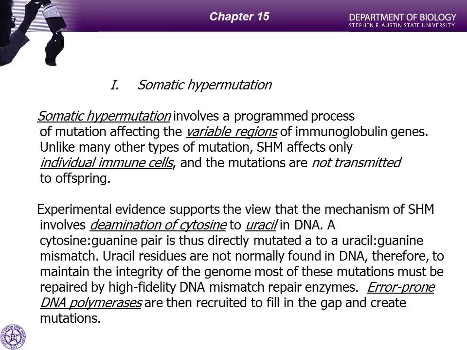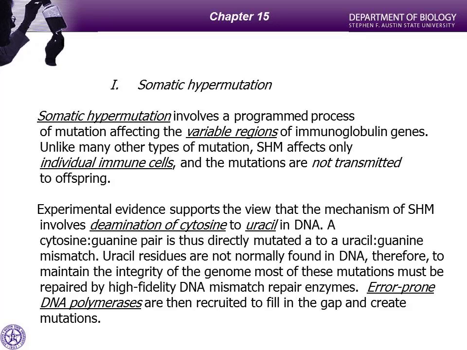The way this change happens is when you look at the gene for the variable region, and again, antibodies are protein, we see that in the DNA we're going to have cytosines. And these cytosine residues will lose an amine group. When you deaminate a cytosine, that converts it into a uracil.